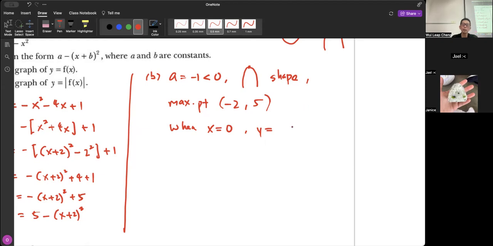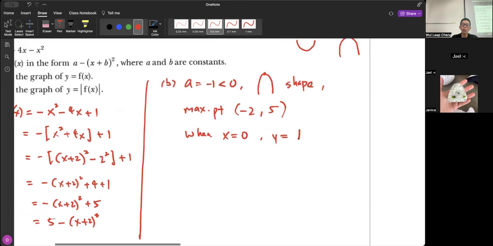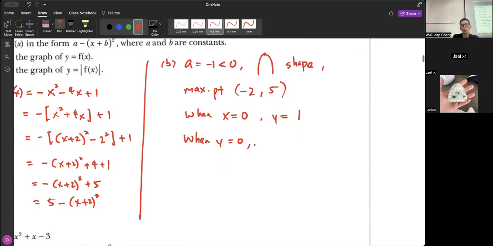S is 0, Y is 1. Y0, you can take from here. Minus S plus 2 squared plus 5 equals 0.